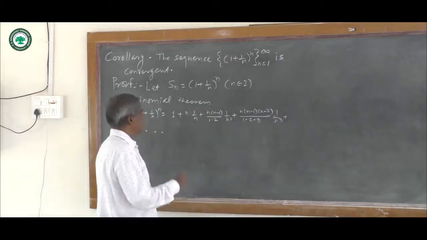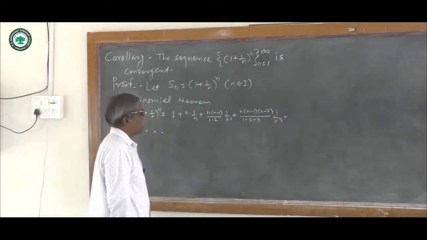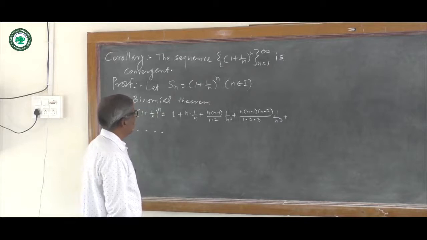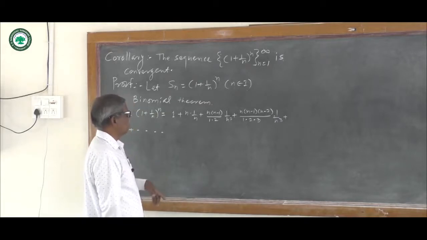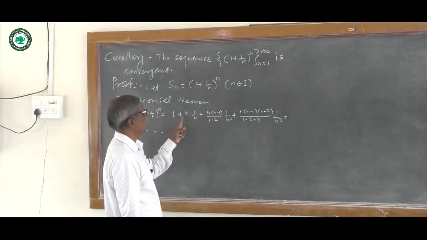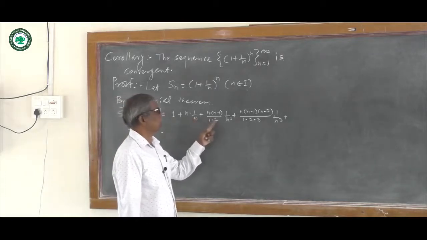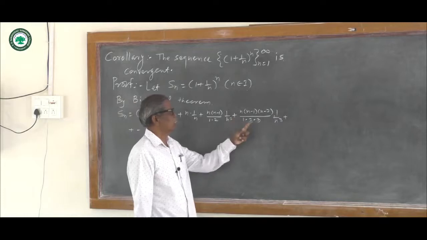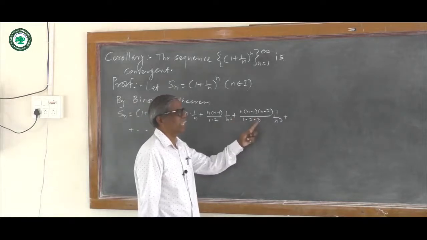Now we write the k plus first term. This is the first term, this is the second term, this is the third term, this is the fourth term of the expansion.